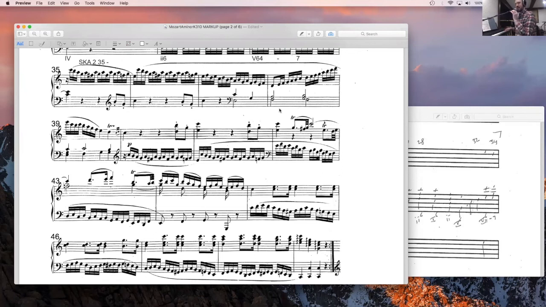And now look at measure 44 here. This is where we start to see some clarification. That's what I would call a pretty clear cadence.